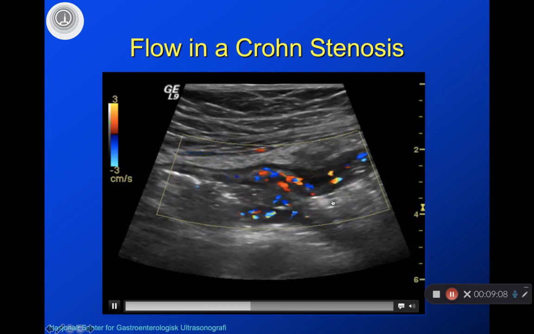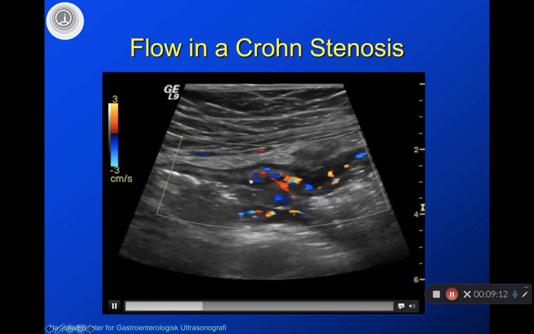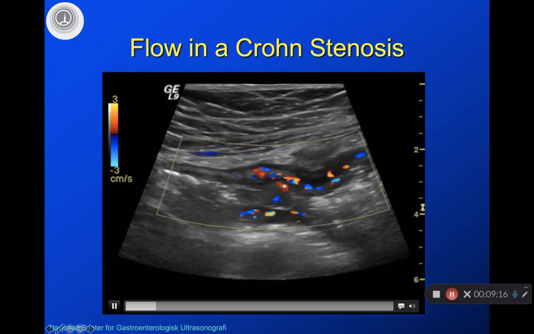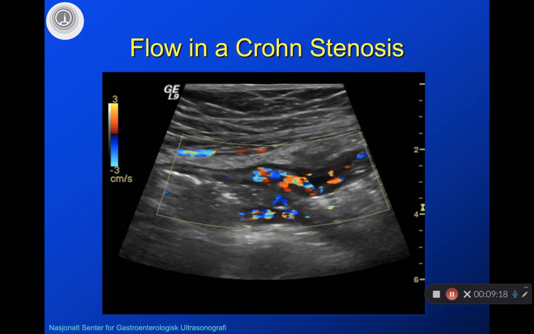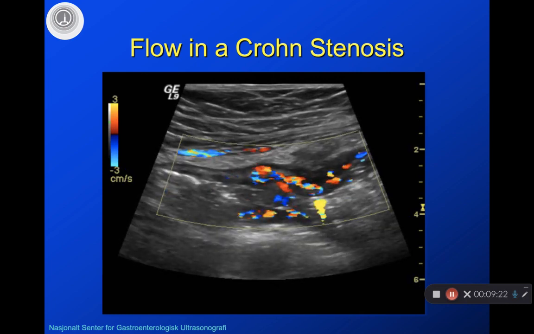Furthermore, you can apply the Doppler, like here, to observe if there is flow in the stenotic portion of the small intestine, or whether there is less flow. This can give a hint on further therapy.